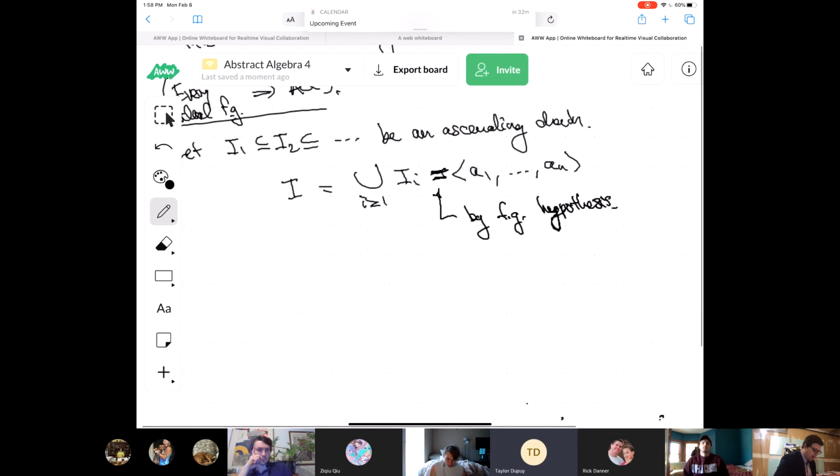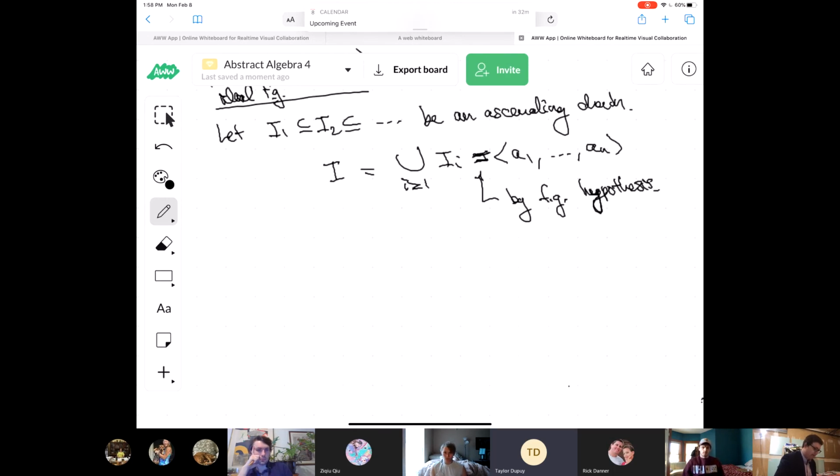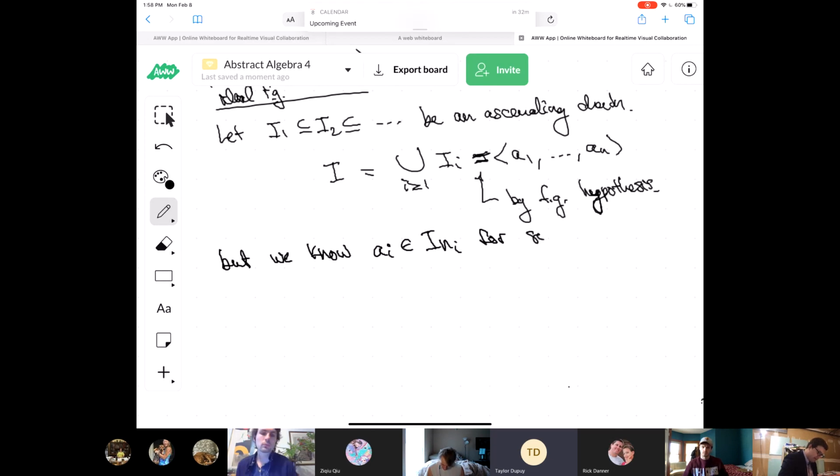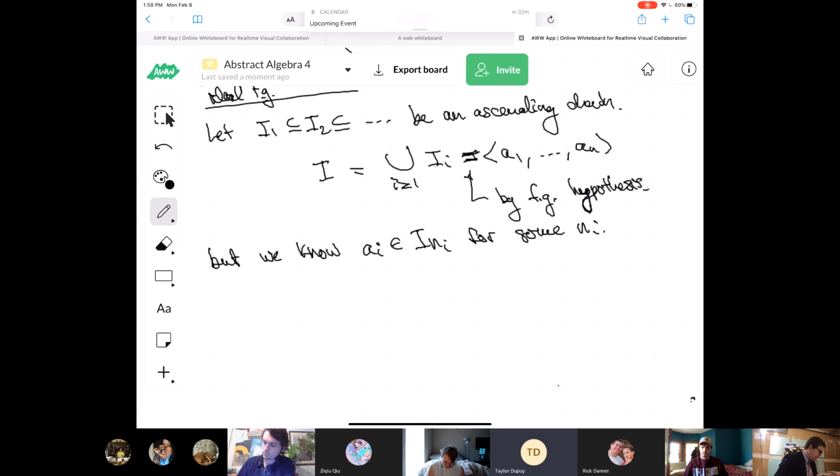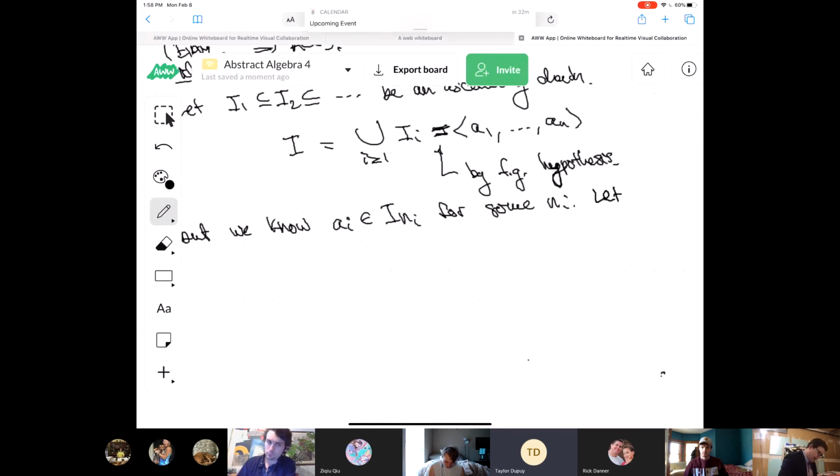And then since every ideal is finitely generated, this ideal has to be finitely generated, say by A1 through An. Each Ai is an element of I_Mi for some Mi. Then we let N be the maximum of M1 through Mn.